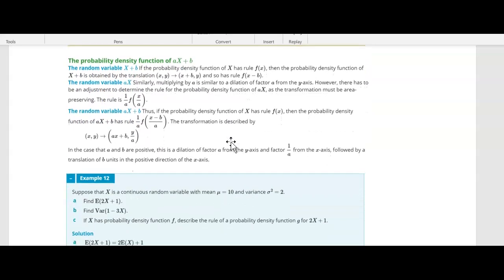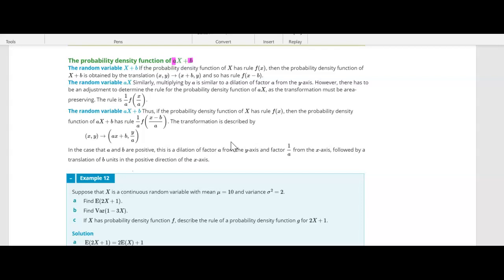All right, so the probability density function of ax plus b, so a linear function. This basically just talks about the transformations that are happening. So a is a transformation, and b is a transformation, of the equation y equals x. a is a dilation factor and b is a translation.